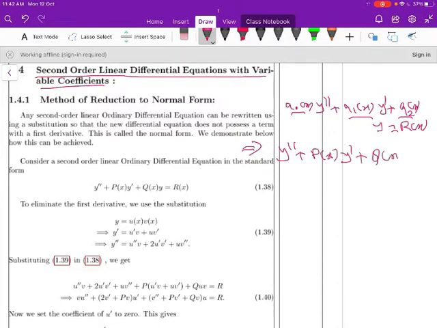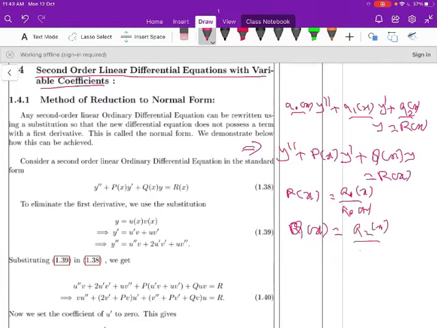plus p of x into y dash plus q of x into y is equal to r of x, where p of x is equal to a1 of x by a naught of x and q of x is equal to a2 of x by a naught of x.